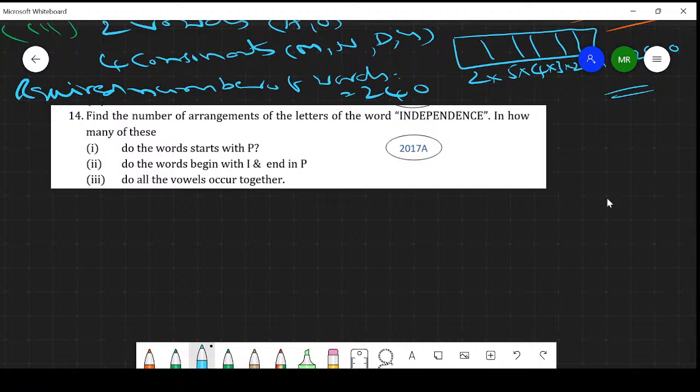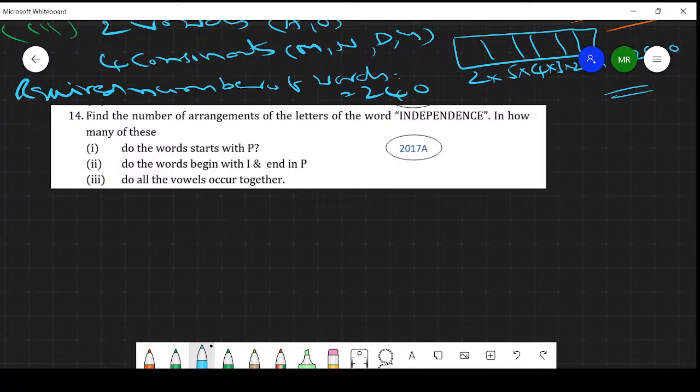This is also one of the important problems. They are asking this using the word independence.